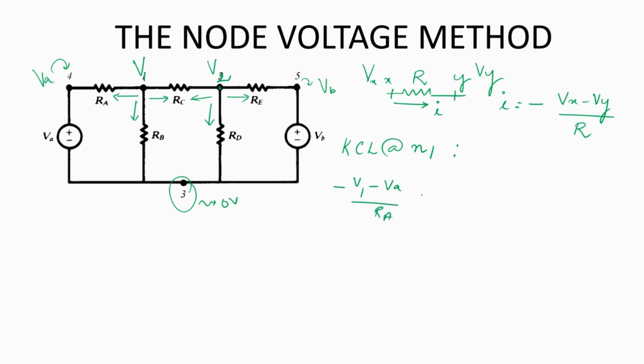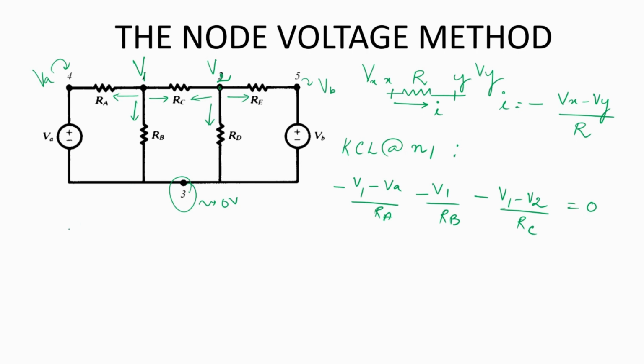Similarly, we can write the current going into RB as minus V1 by RB and going into RC as minus (V1 minus V2) by RC. All this put together is equal to 0 as per Kirchhoff's current law.